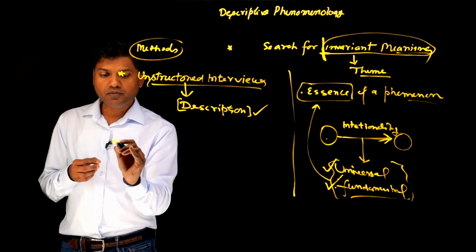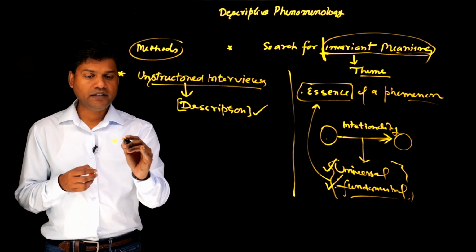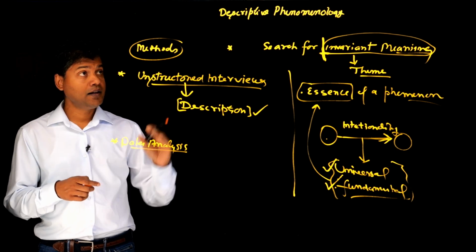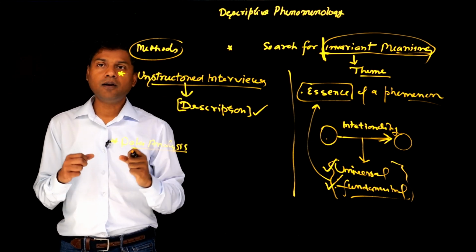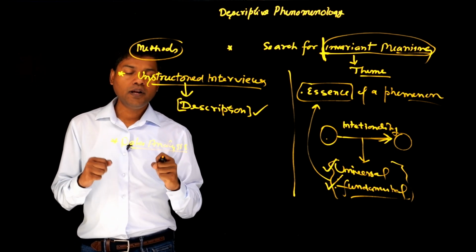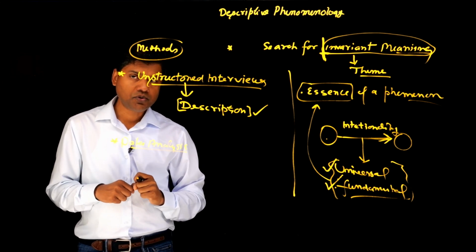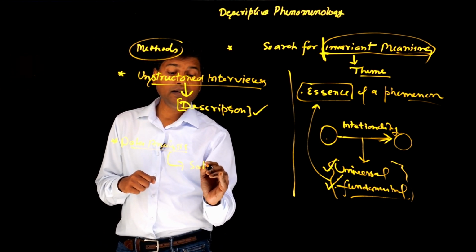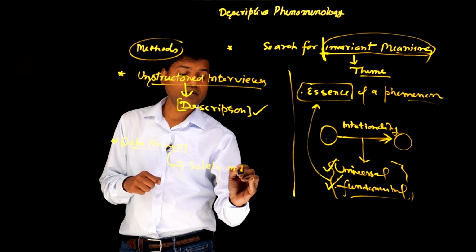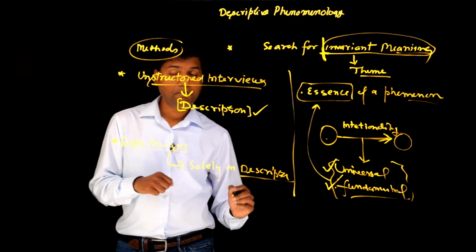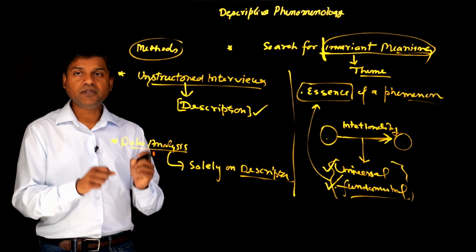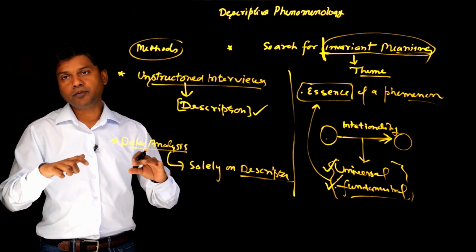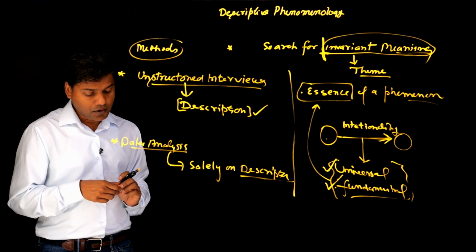Another thing in terms of methodology is data analysis. As I have been saying again and again, this method is focused on collecting a very rich and thick description of the phenomenon. So the focus is solely on description. When you are collecting the data, the focus is on getting as much detailed description of the phenomenon as possible.